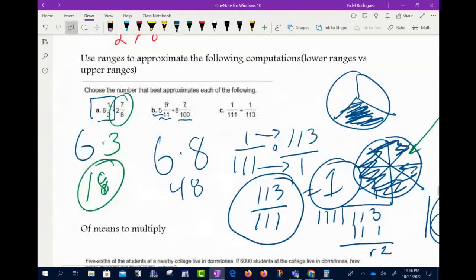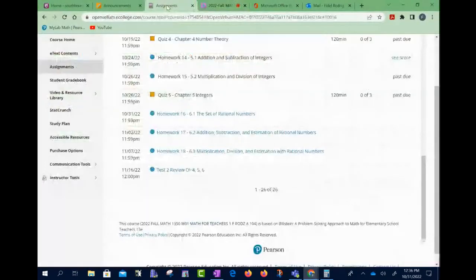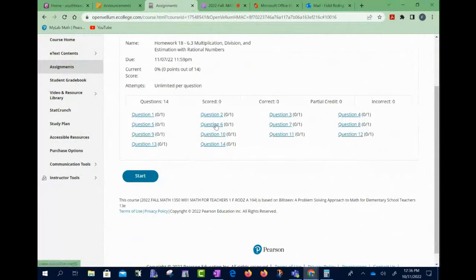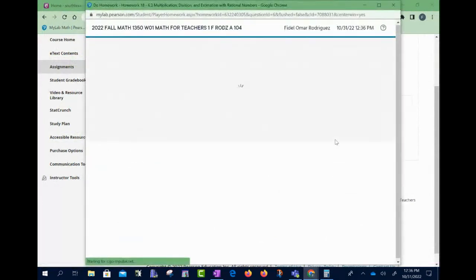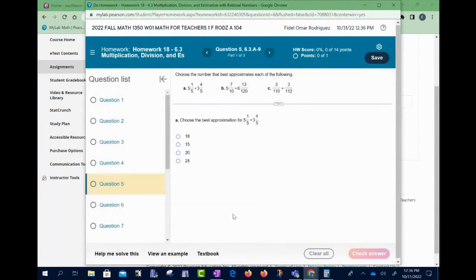Okay, so again, y'all, just to point something out here, I'm going to do this real quick just to make sure everybody understands this. Let me come back to my lab. This is 6.3. I want to kind of just show you what I'm talking about here. Let me see if I can find the problem. I think it is the one before this. Here we go.